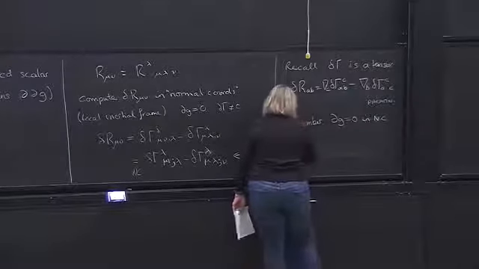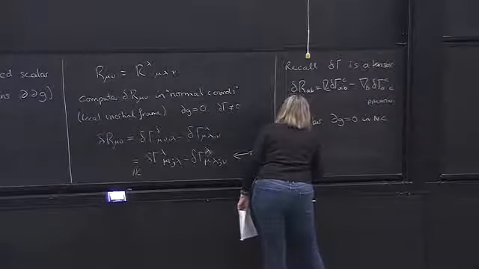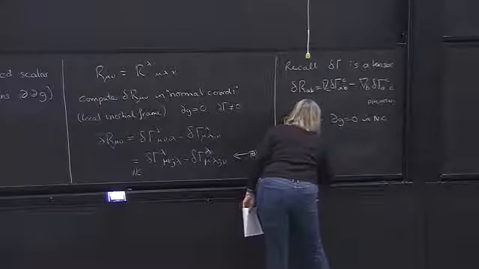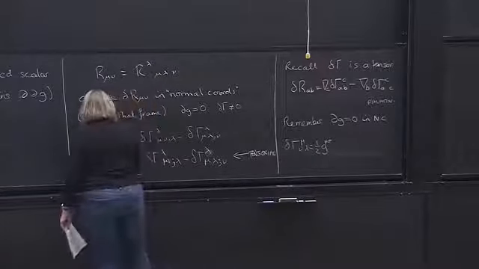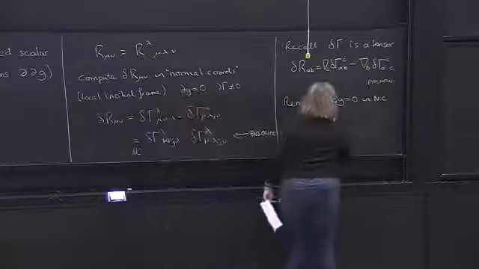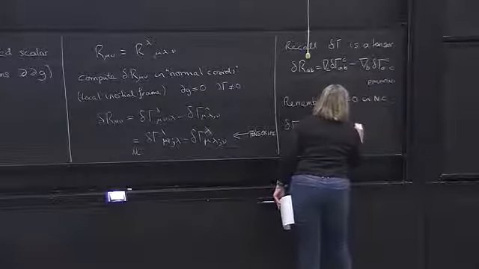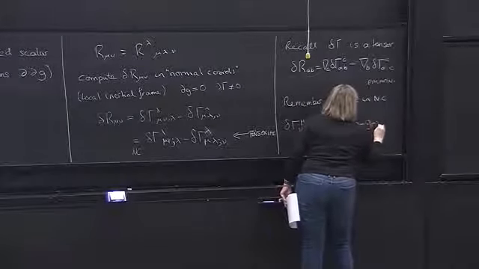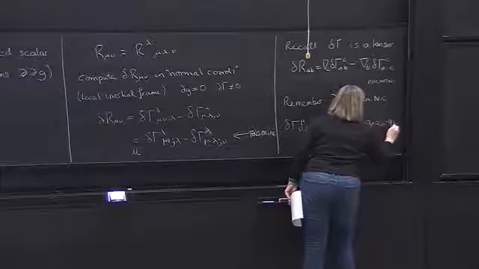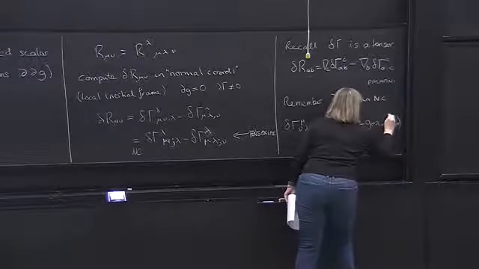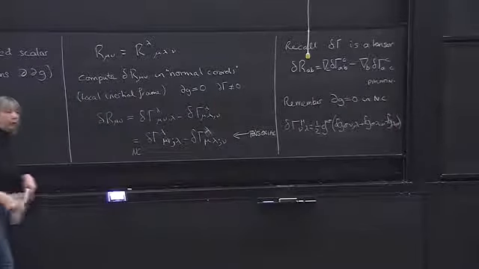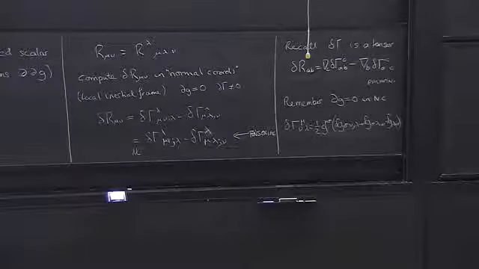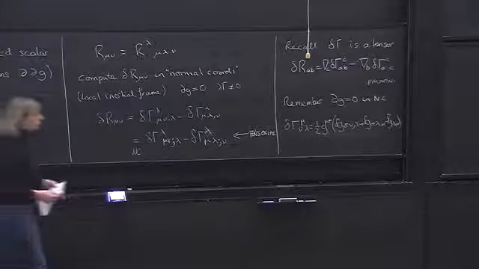So for delta gamma in normal coordinates, the only thing that can possibly be non-zero are the partial derivatives of delta G, because the derivatives of the background G vanish in this coordinate system.